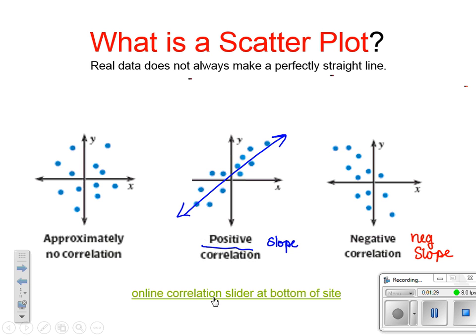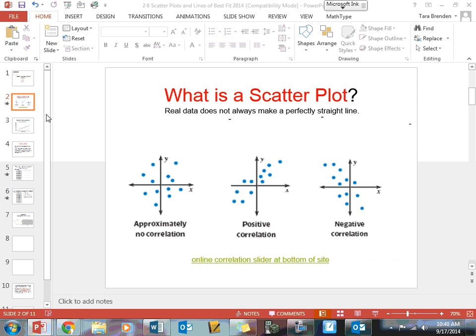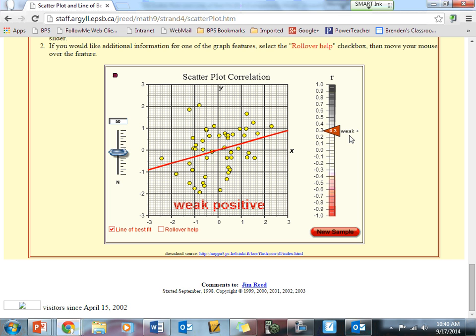So what I want to do is take you to this website that I have. And as you can see, this is a weak correlation, not a weak positive. Not very many of those points are close to that line. But if I show you how I can make a weak positive into a strong positive, that's a really strong positive.